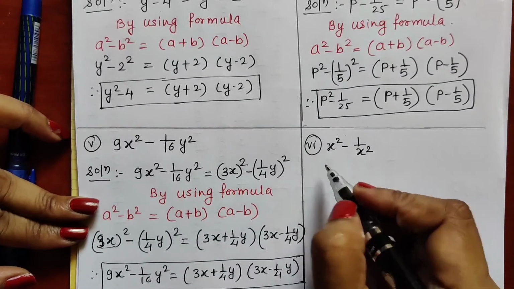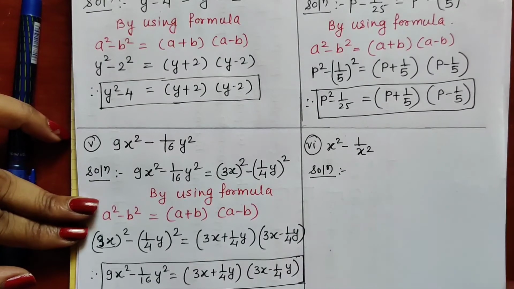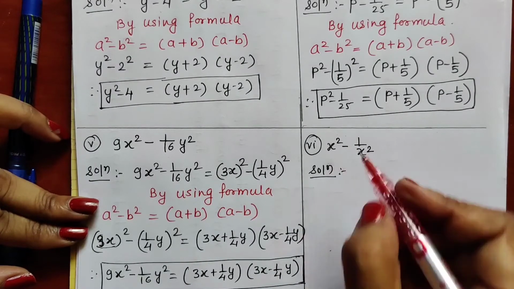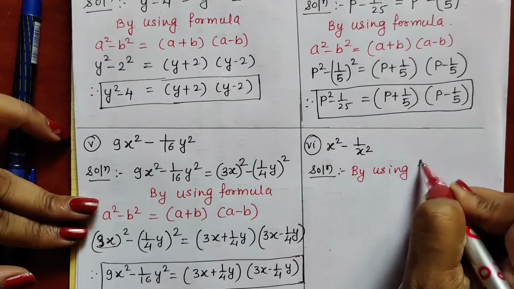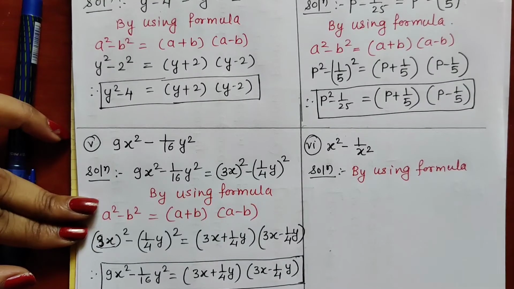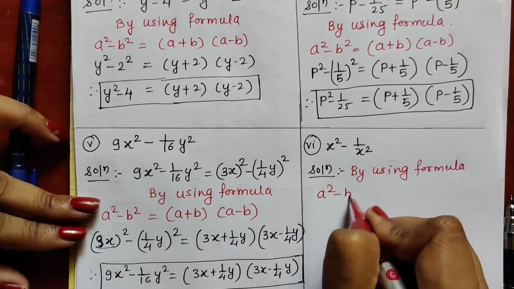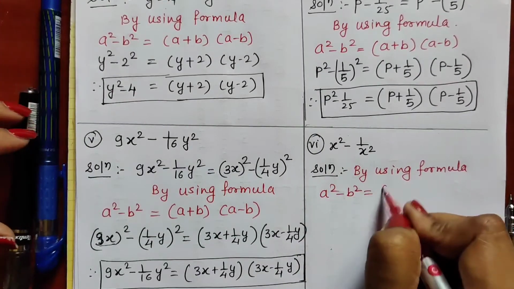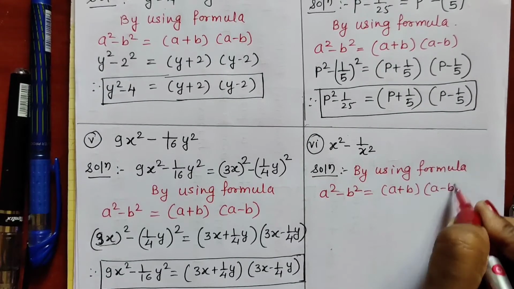Now this is a very easy solution. We can directly apply the formula. By using the formula, so we write the formula. a square minus b square is equal to (a plus b)(a minus b).